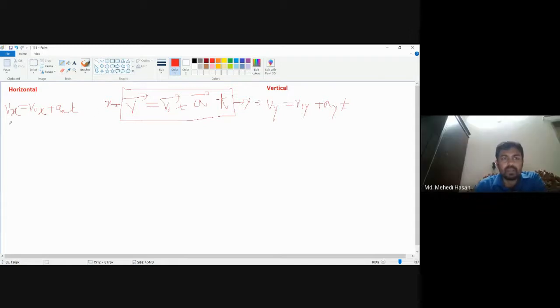Okay, so then we can say that ax is 0, and here ay is plus minus g. So we are considering throwing the object upward, that means you can use minus g in that case. Okay, but if throwing downward, then you have to use positive g.